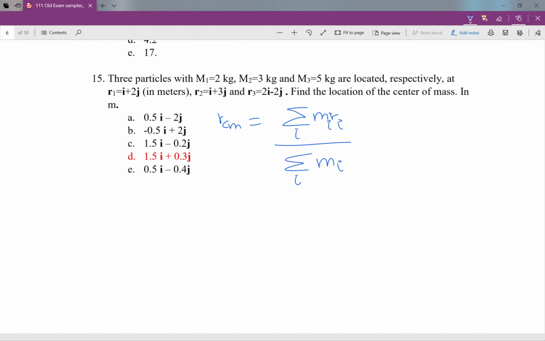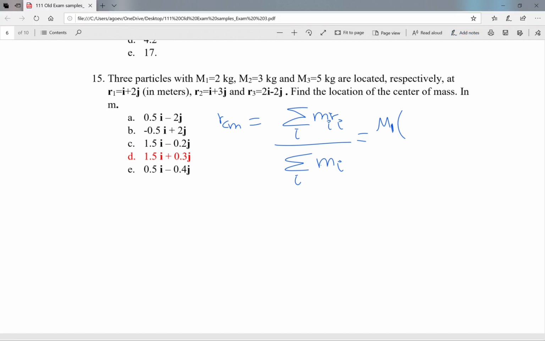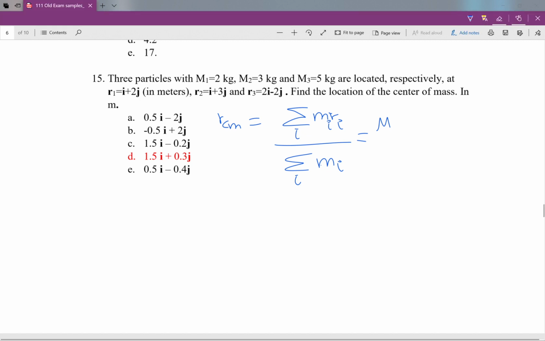So we have something like this. Actually, let's just input the values already.